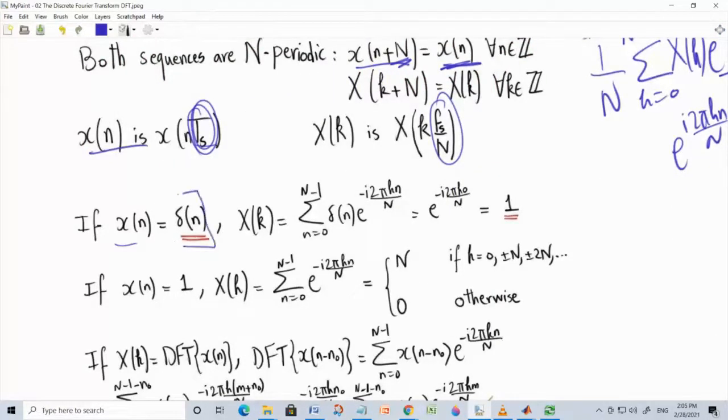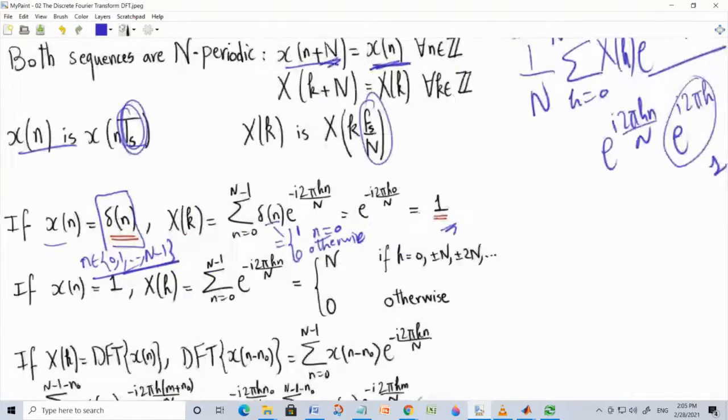If your x of n is just delta of n, defined for n from 0 to big N minus 1, then X of k will be equal to 1, because this is the discrete time delta: it is 1 if n is equal to 0, 0 otherwise. So it will give you 1.